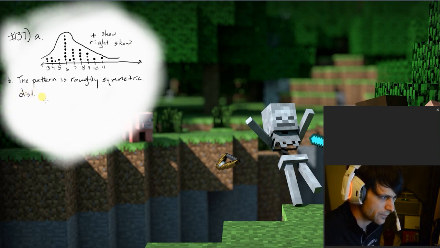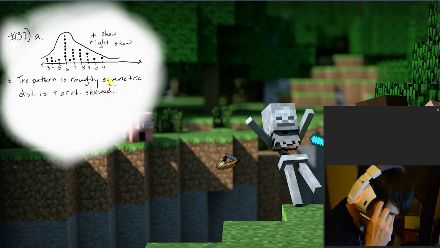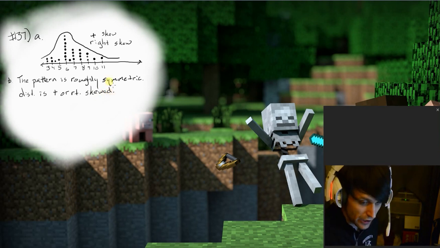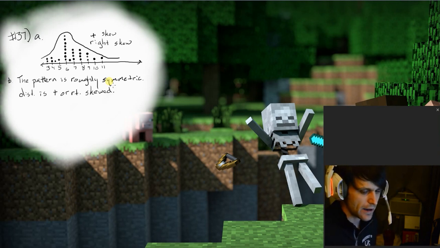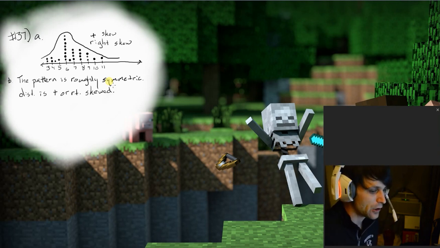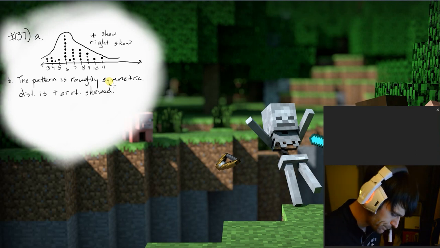Distribution is positive or right skewed. If the tail had been going off to the left or in a negative direction, we would have said it had a negative or a left skew. Alright, let's continue on.